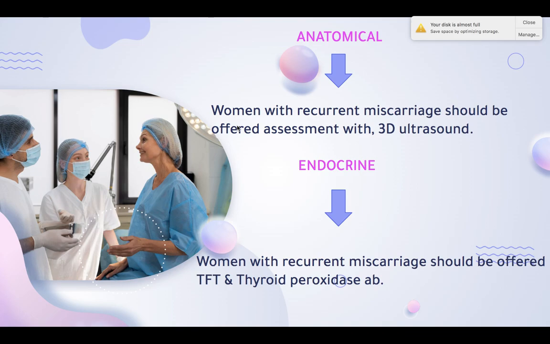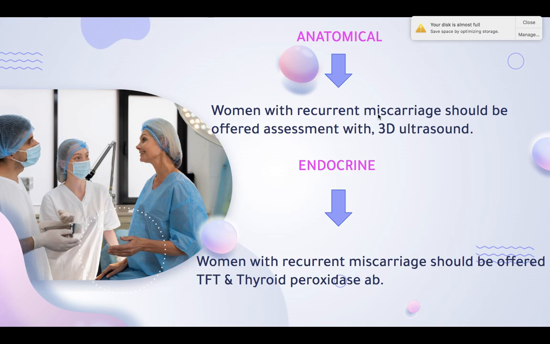Okay. Now we have discussed how we are going to diagnose antiphospholipid syndrome. Now, to rule out the anatomical factors, what test have they recommended and what do we have to pick in the question answers? Women with recurrent miscarriage should be offered 3D ultrasound for the assessment of congenital uterine anomalies, right?